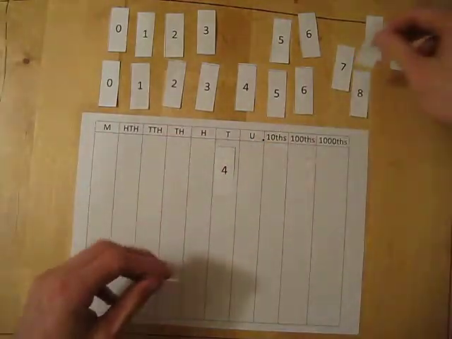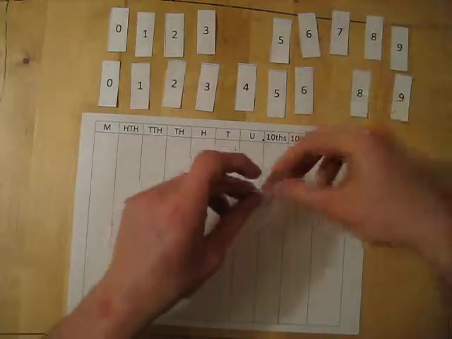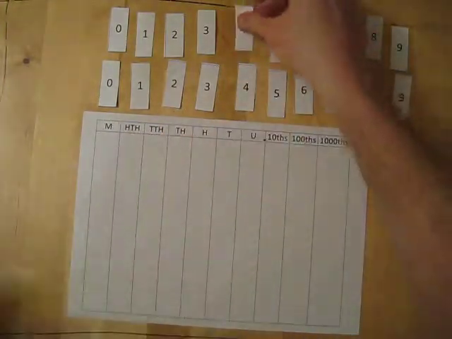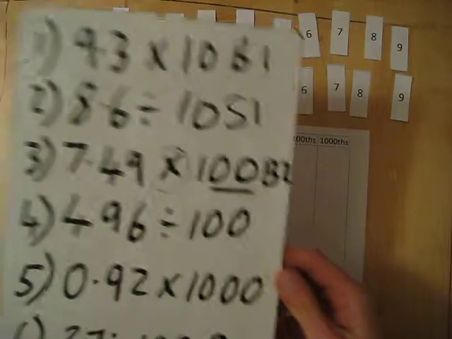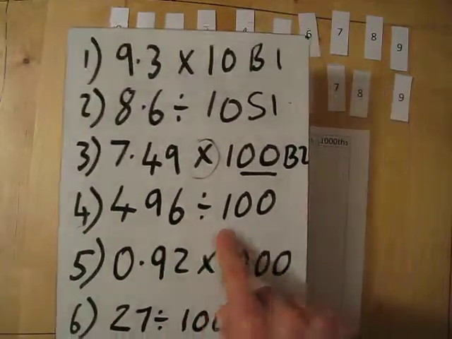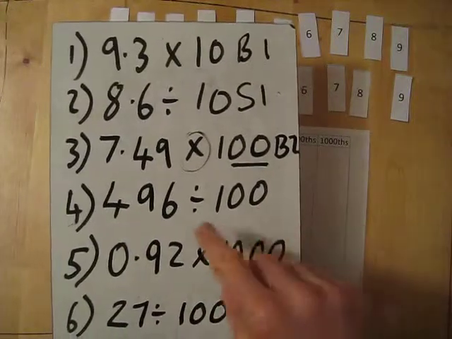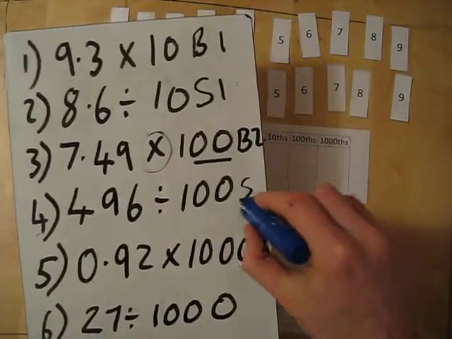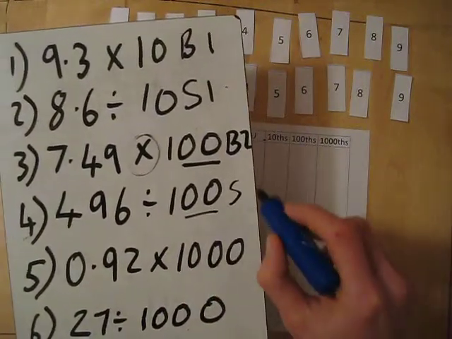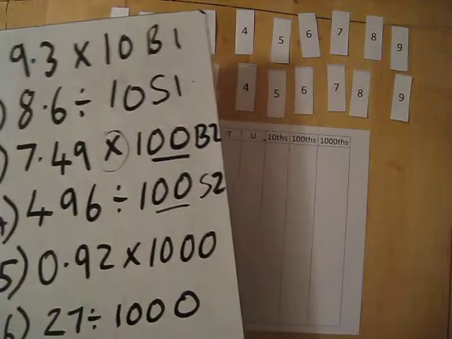Let's put these back, so 9, 7, 4. Next one. So we've got 469 divided by 100. So divide, so bigger or smaller, we know it's going to get smaller. By how many places? 2 places, because there are 2 zeros in 100, so smaller by 2.